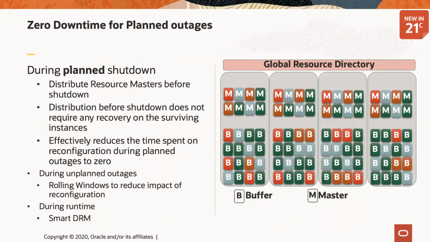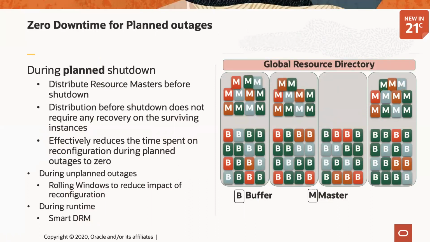New in 21c, which is going to be released soon, we are also planning to have zero downtime for planned outages. What does that mean? If you look at a typical 4-node RAC, with masters and blocks all over the place, in response to a planned downtime, let's say we know that a certain node needs to be down to apply some operating system patch or whatever, then instead of doing the reconfiguration after, we can do it before.